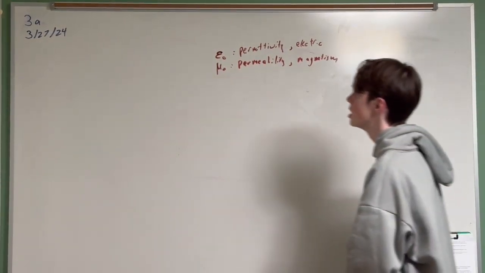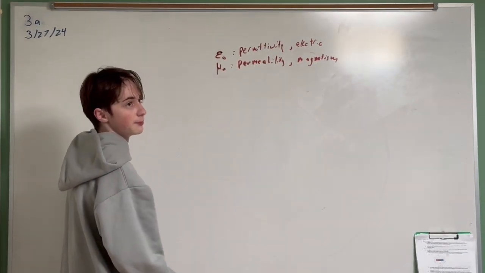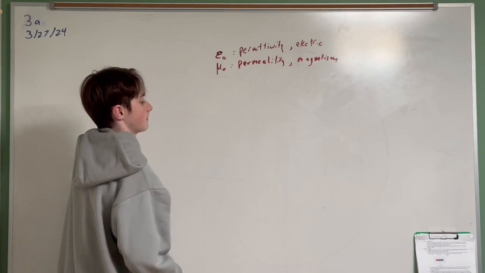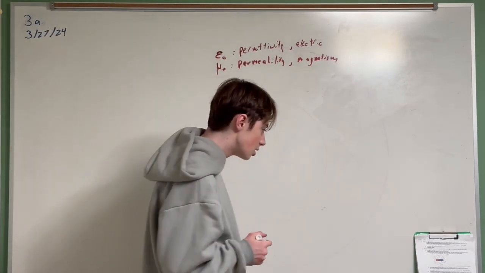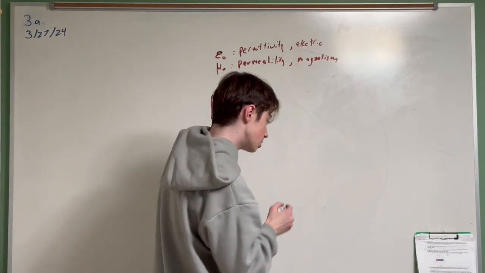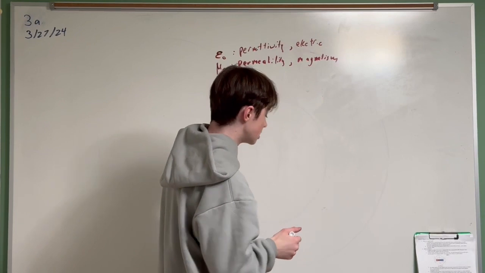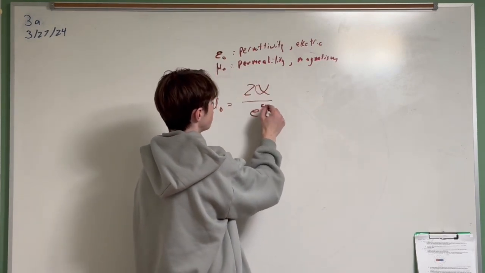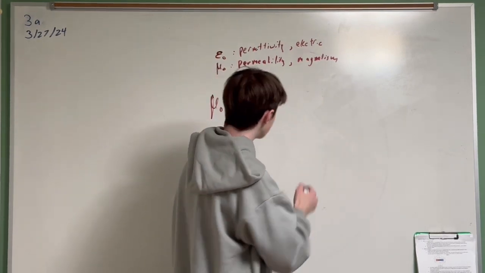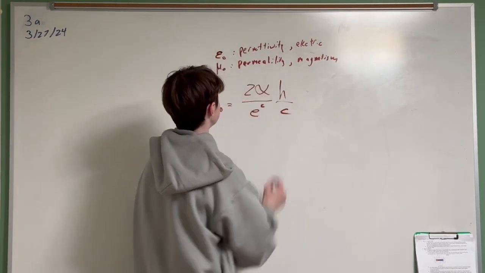The relationship between permeability and permittivity of free space, which you do not have to know, is mu0 is equal to 2 times the fine structure constant, which is some random constant, divided by the square of the elementary charge of a particle, times Planck's constant over the speed of light.